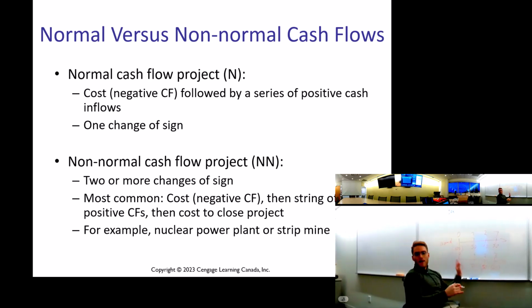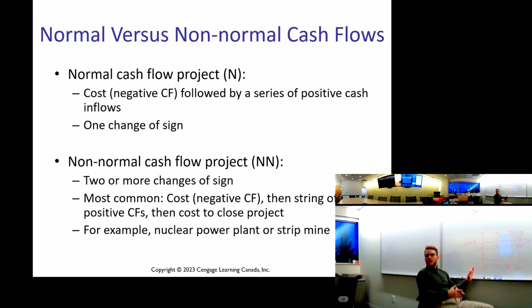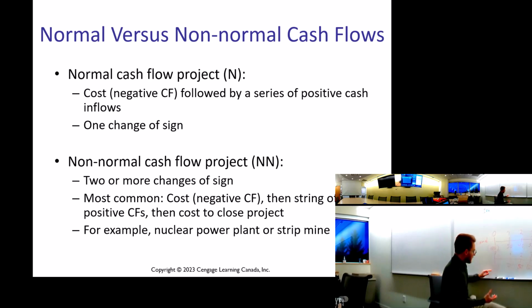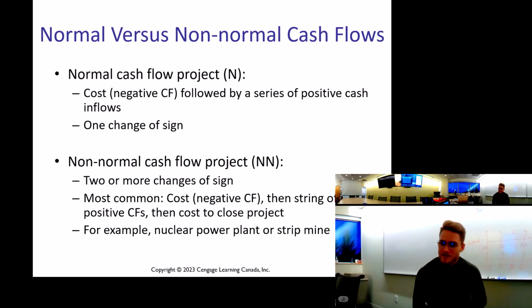So when you have an abnormal project, in some circumstances you're going to run into the issue where you also have a cash outflow in the future, and that cash outflow is also getting discounted, and it's going to be worth less at higher discount rates.